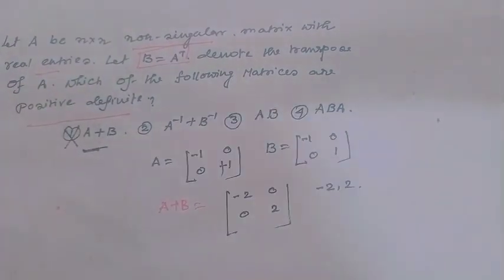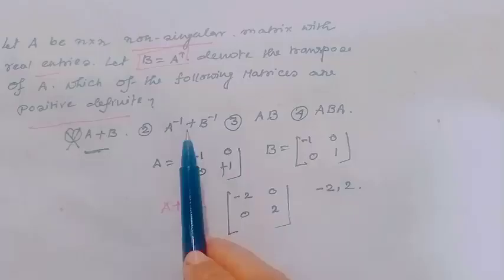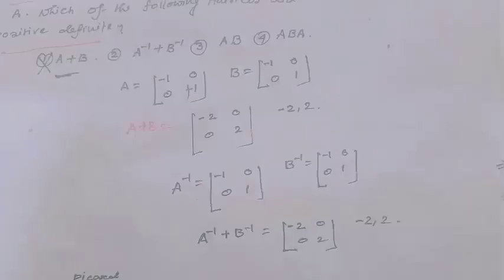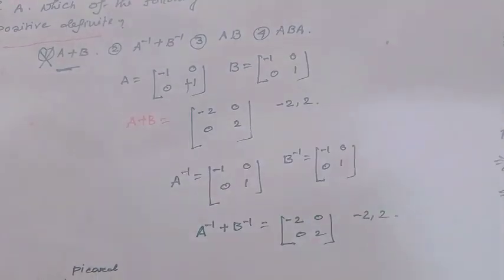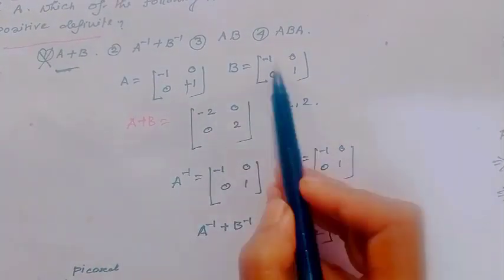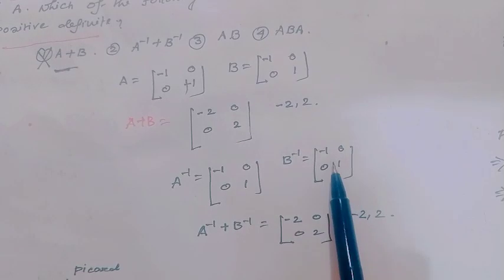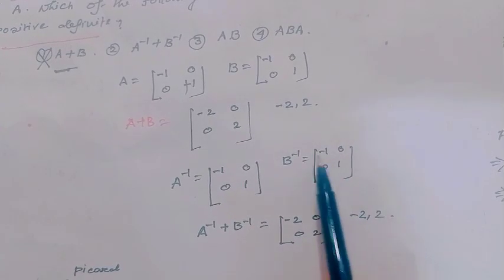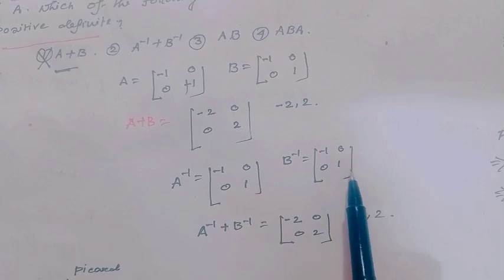Similarly, by this example, we can contradict A inverse plus B inverse. A inverse equals this matrix and B inverse equals obviously this matrix, because here only the diagonal has -1 and 1.